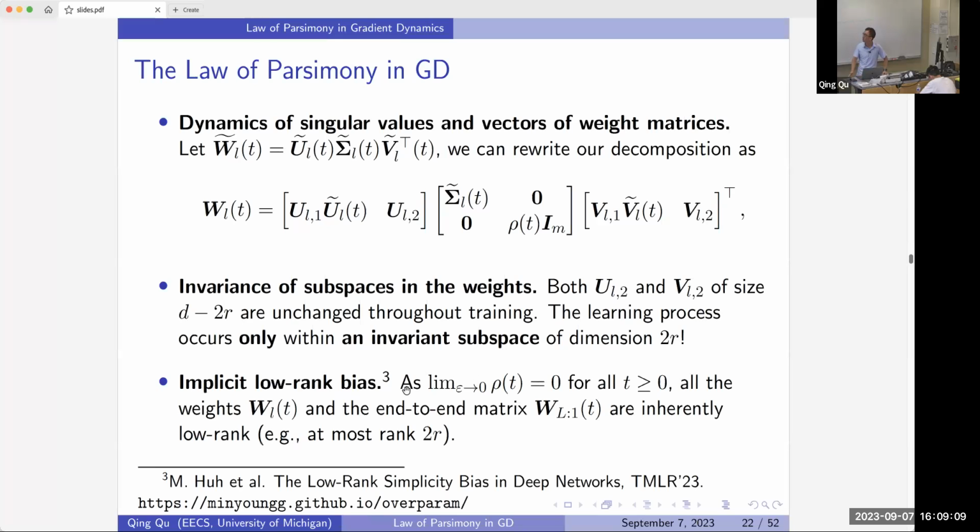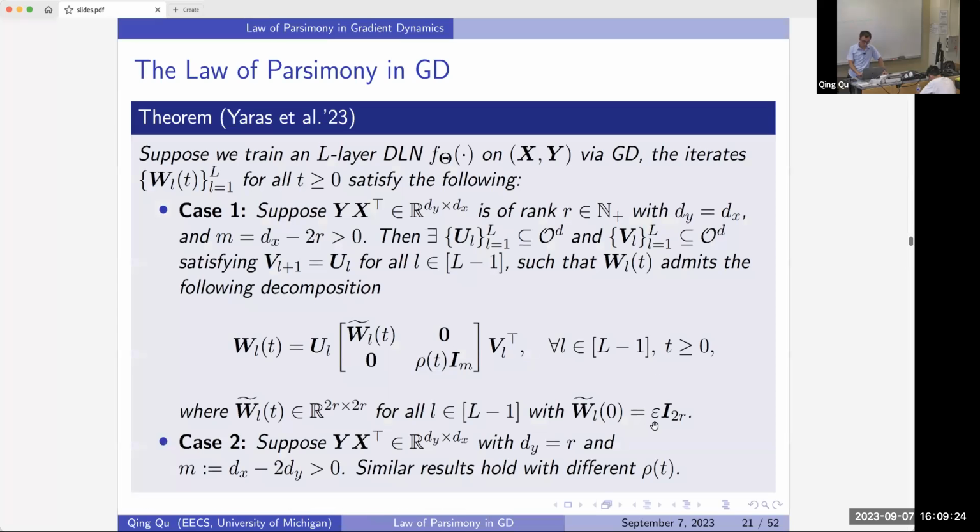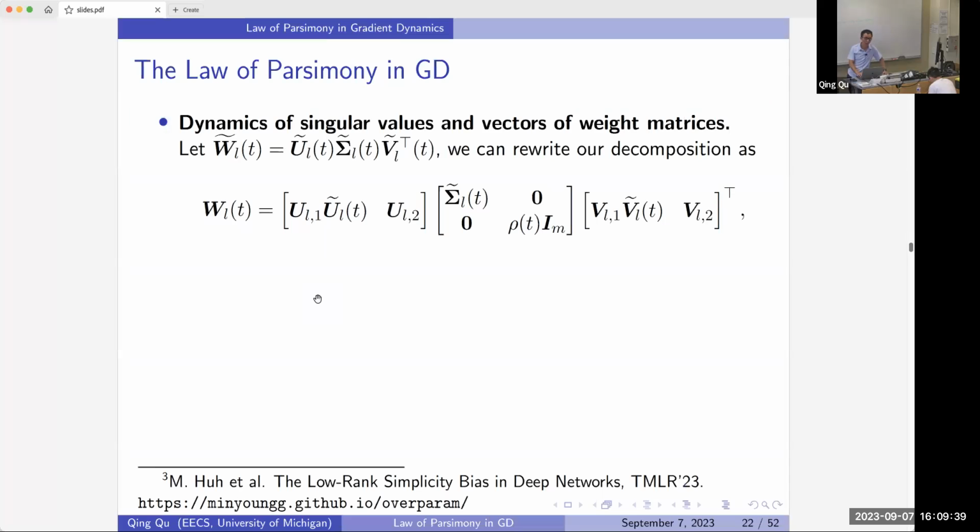Also our results can shed light on some recent work claiming that deep networks are learning low rank embeddings. The reason for low rank embedding is that if you use a very small initialization, so you make your epsilon very small, then the singular values for rho are very small, and then what you learn is low rank.